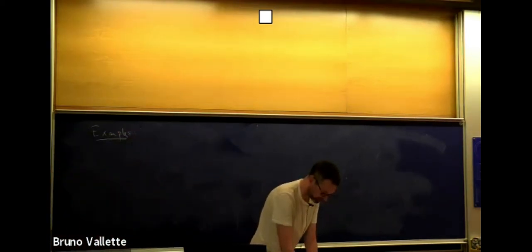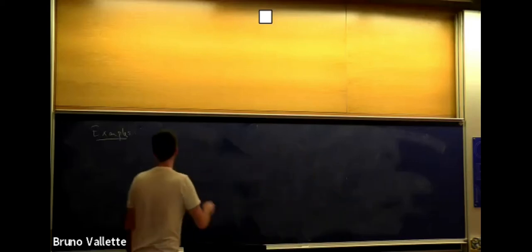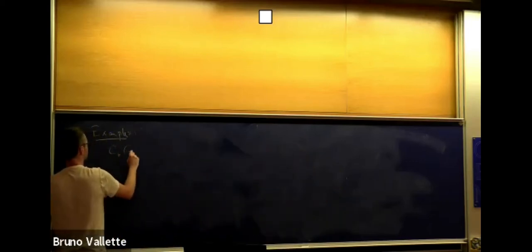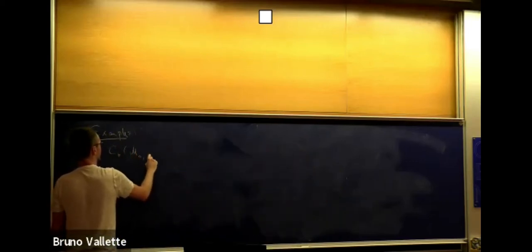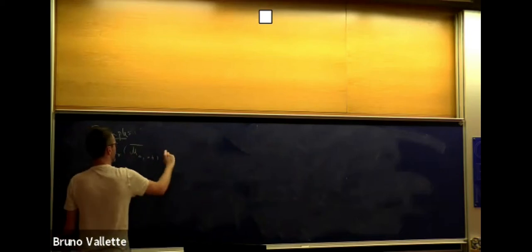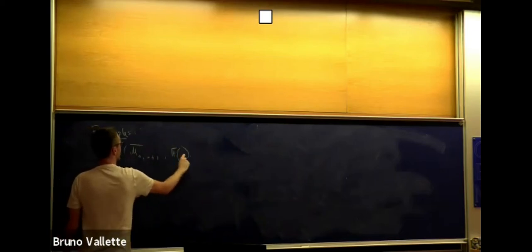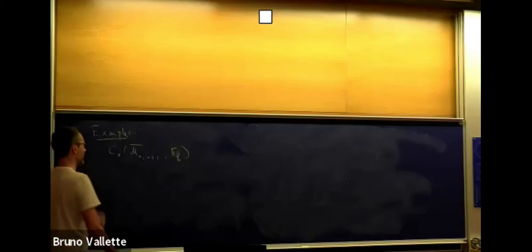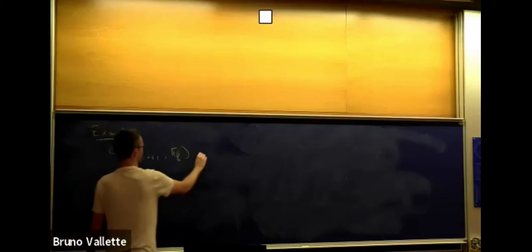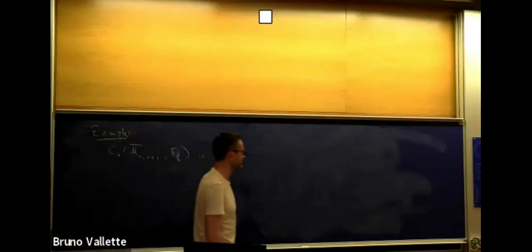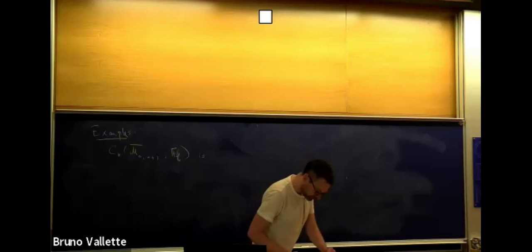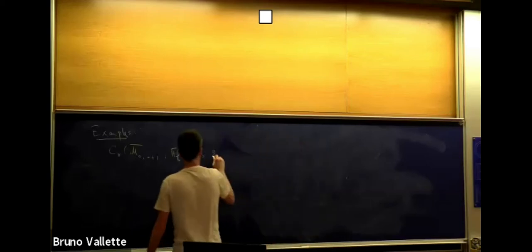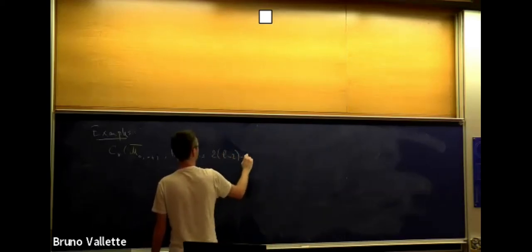Also, I can come back to my two favorite examples. So the moduli space operad. Now I look at this operad with FL coefficients, and this is 2 times L minus 2.